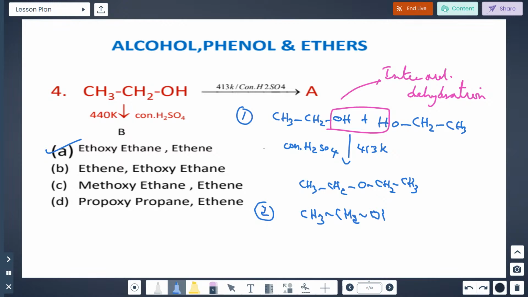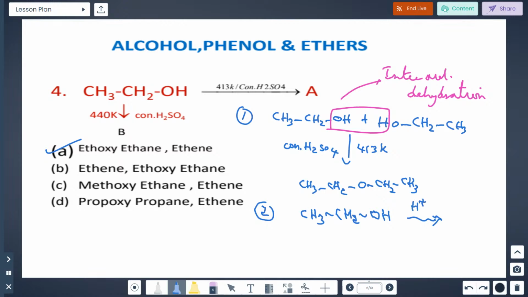Okay, students. Here we found out that A is ethoxyethane. For B, we should take only one molecule of ethanol at 440 Kelvin. Here also dehydration takes place. If you use sulfuric acid, I simply put H plus.